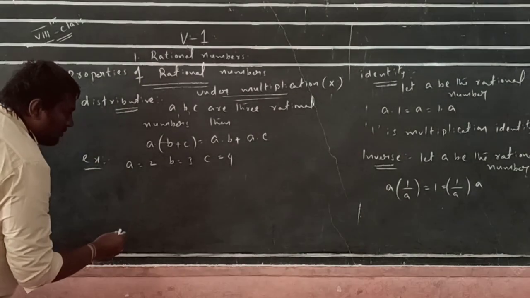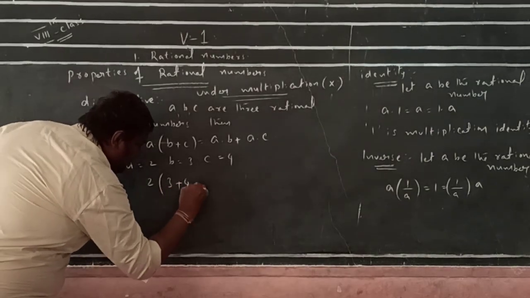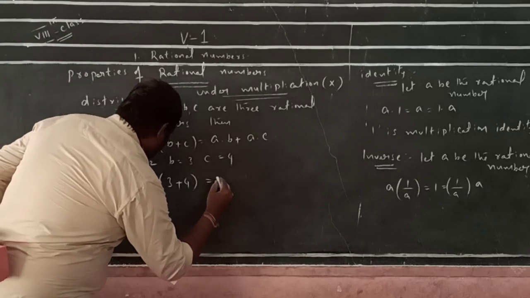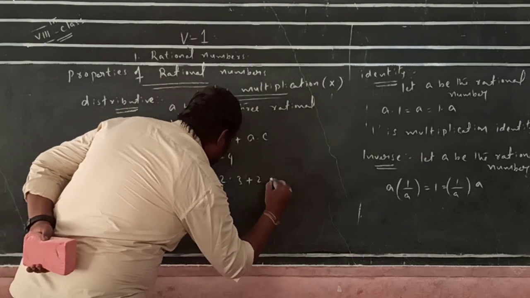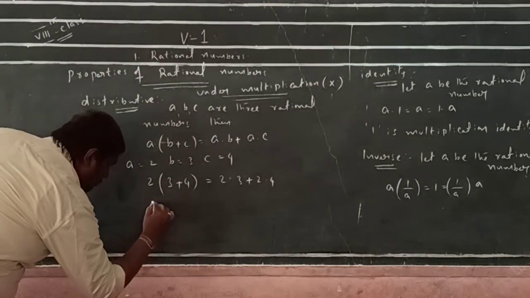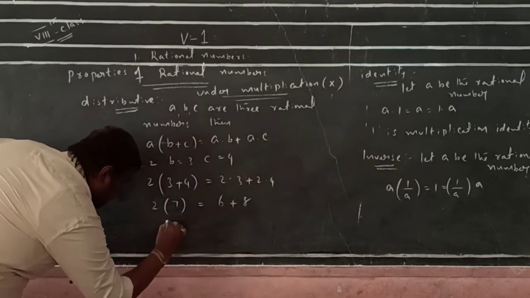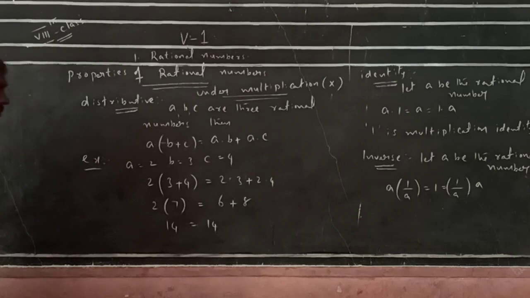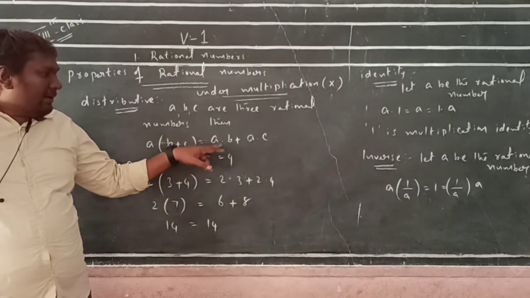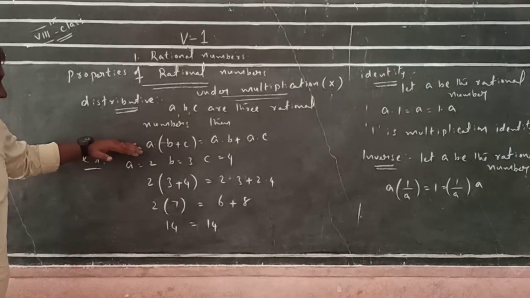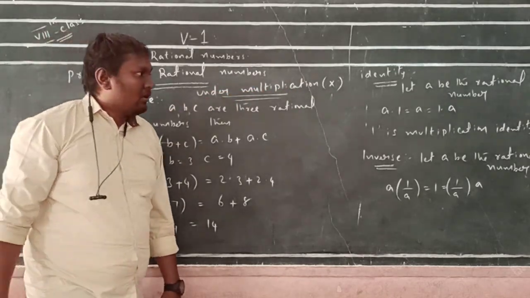Okay, substitute the values. Here 2, what is the B value is 3, C value is 4. Now this side, A value is 2, B value is 3, C value is 4. Here 2 times 7 is 14, and 6 plus 8, this is 14, 14 is equal to 14. Understand the distributive property, A dot B plus C and A dot B plus A dot C. This is the condition of the distributive property over multiplication. You understand?